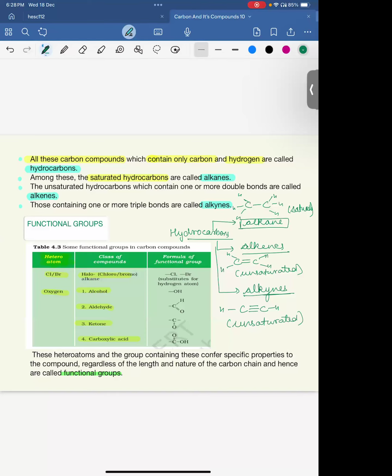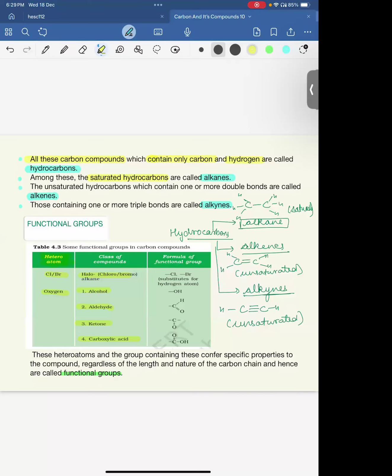So simply, if we are asked what are hydrocarbons and what are the types of hydrocarbons: hydrocarbons are the compounds which contain only carbon and hydrogen, and there can be 3 types of hydrocarbons. First alkanes, second alkenes, and third alkynes, and we will give examples and tell which one is saturated and which one is unsaturated.